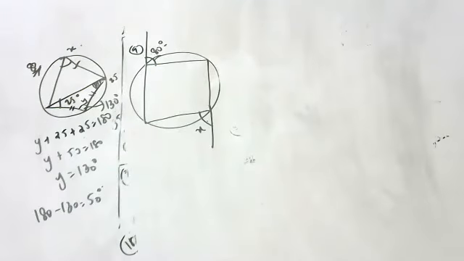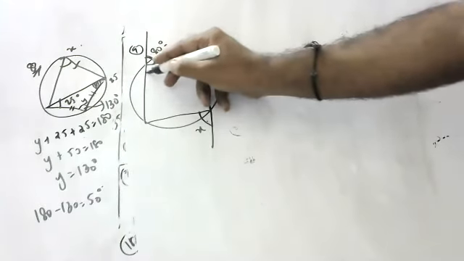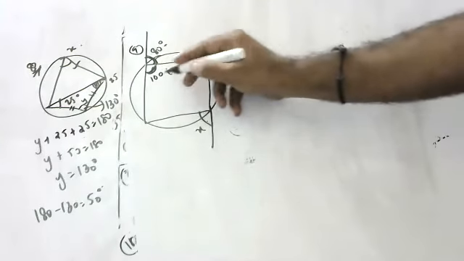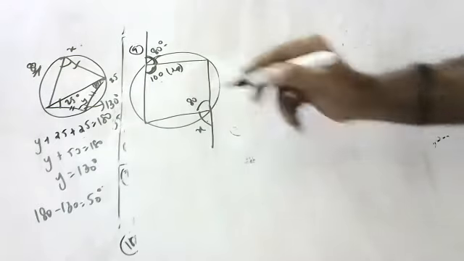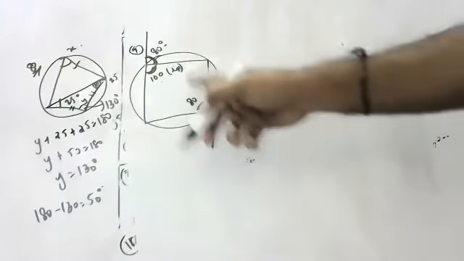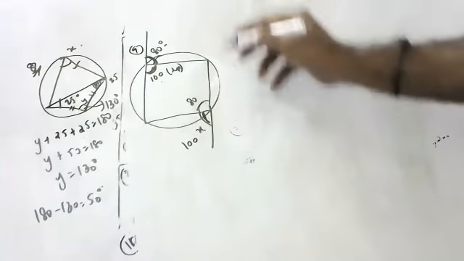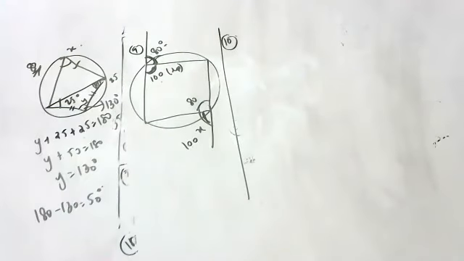Yes, sir. If this is 80, this will be 100, sir. Linear pair. If this is 100, this will be 80 degrees, sir, because in a cyclic quadrilateral opposite angles are supplementary. If this is 80, this will be 100. Why? Linear pair. Krishna Lahari, next question for you.